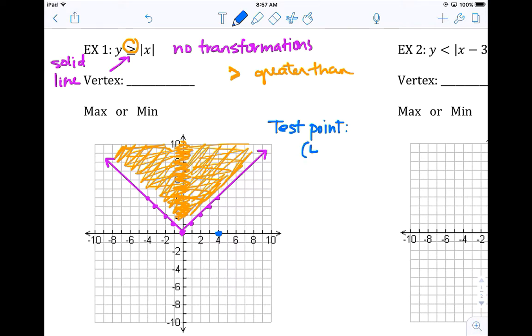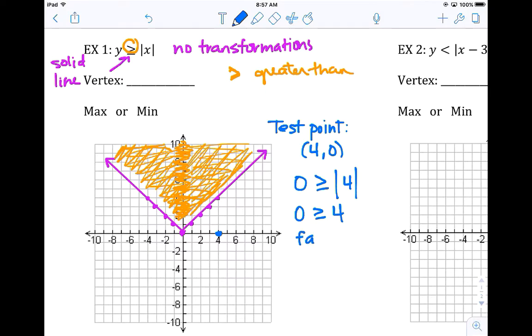So I'm going to take that point and plug it into the original function that I was given. So instead of y is greater than or equal to the absolute value of x, we're going to plug in 0 for y. So we have 0 is greater than or equal to, and then we'll plug in 4 for x. The absolute value of 4 is just 4, so 0 is greater than or equal to 4.